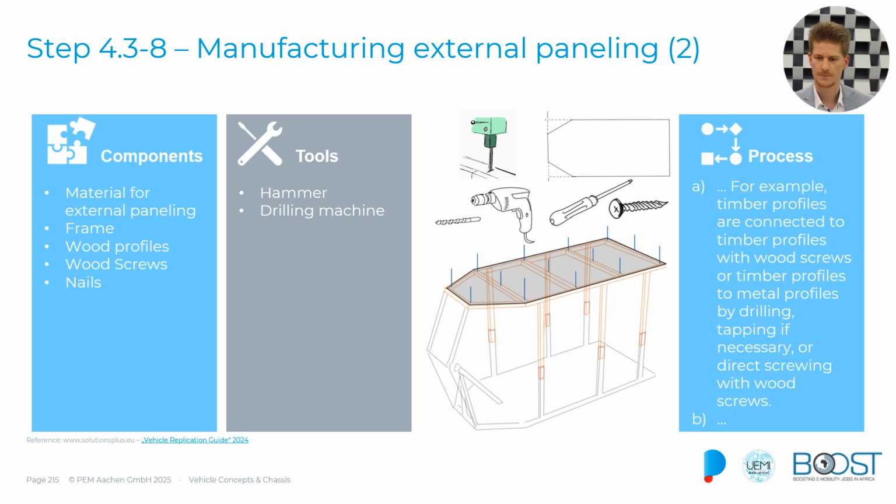In the next step, you would place this paneling on top of the profile, and it will be connected with some screws or with some nails. Depends on what you prefer. Make sure that if you want to have it completely weathertight, to seal off the screwing or nailing areas.